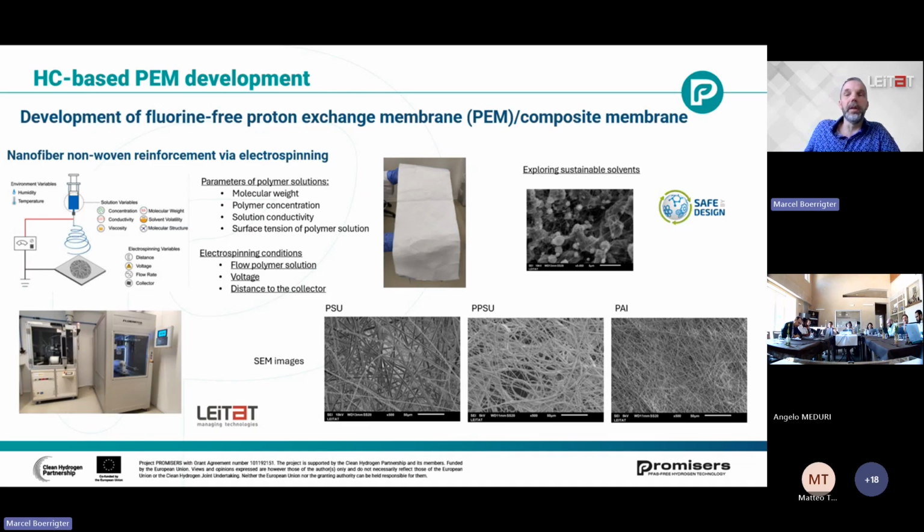We can control the parameters of the nanofiber webs and use them as a reinforcement for the membranes. We also apply some heat treatment to connect the fibers and have a more rigid reinforcement.